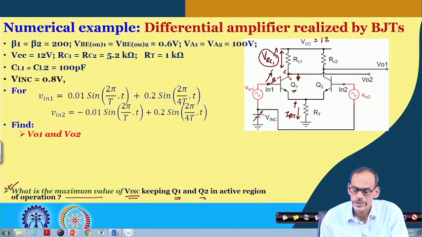So, to calculate the limit of this DC voltage where this transistor is just entering saturation, we can either compare this voltage and this voltage, or the better approach is to take the base voltage, subtract 0.6 volt to get the emitter voltage here, and then add VCE sat of 0.3 volt.